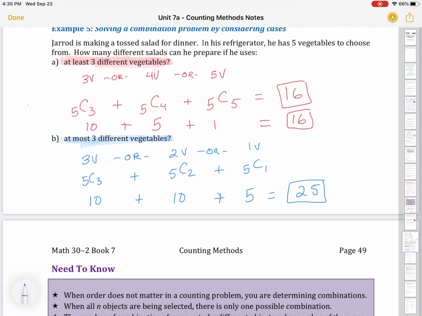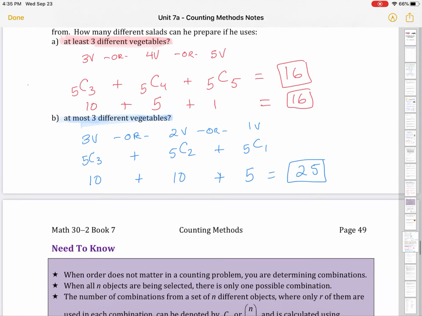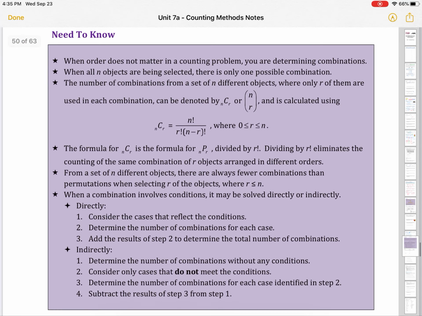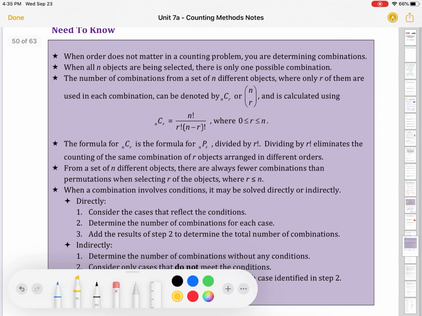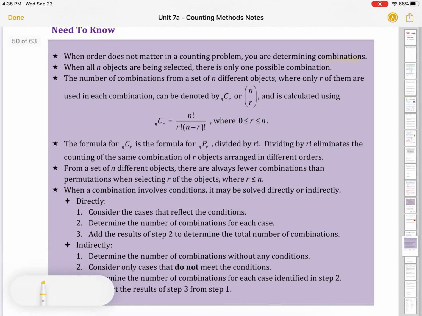So 9 choose 5 is equal to 126, and 9 choose 4 is equal to 126. It's kind of interesting what happens with the choosing. Just be aware of that, okay? Just have it in your head. It's a neat trick.